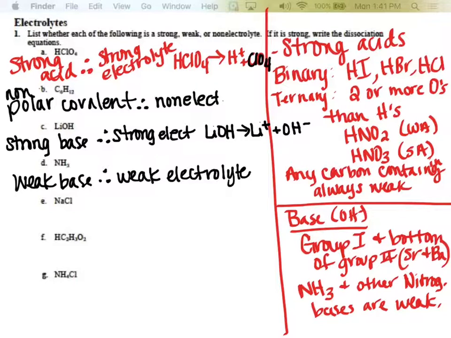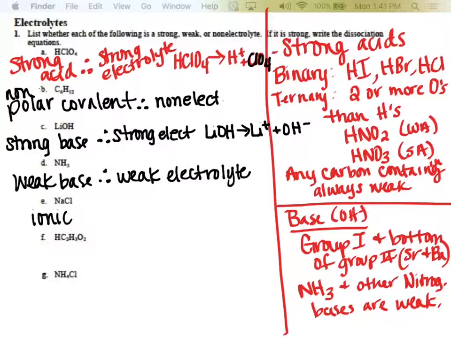All right, NaCl. Somebody tell me what type of compound. I feel like it's not strong. It's ionic, because we have a metal and a nonmetal. Okay. I'm confused how this is an acid. I thought it had to have an H in there to be an acid. What? NaCl? It's not an acid. It's an ionic compound.